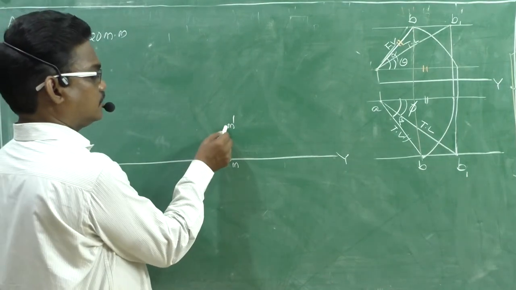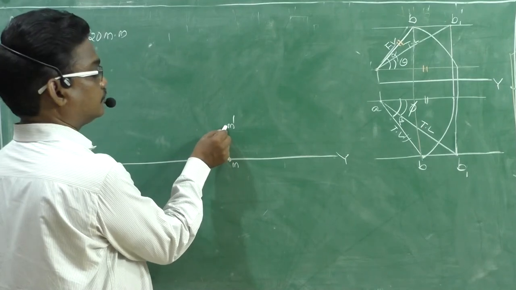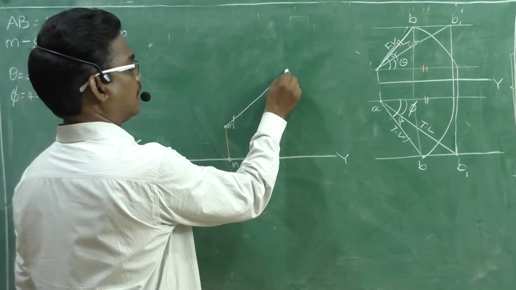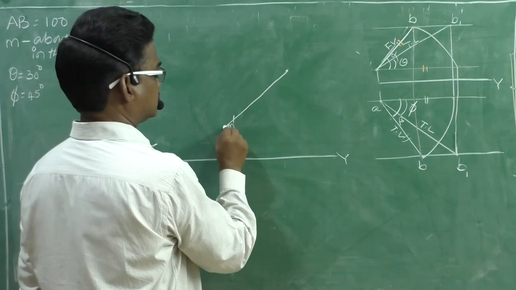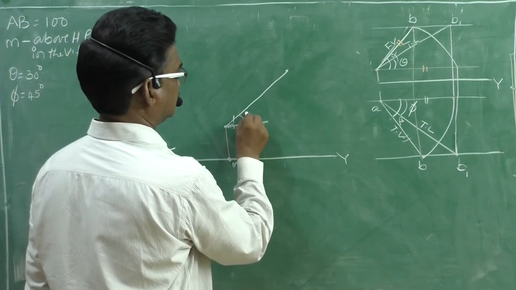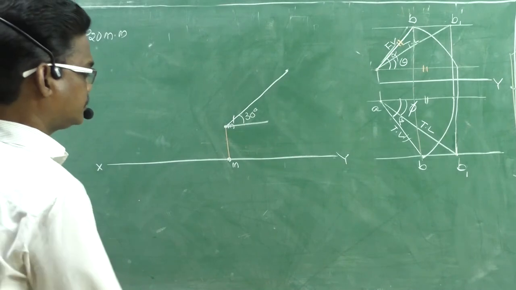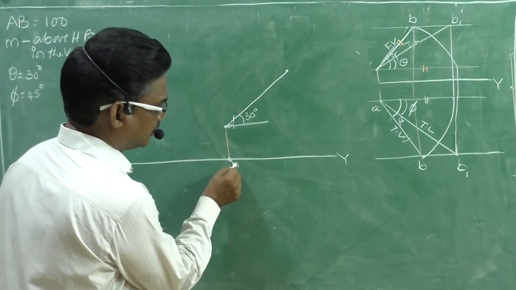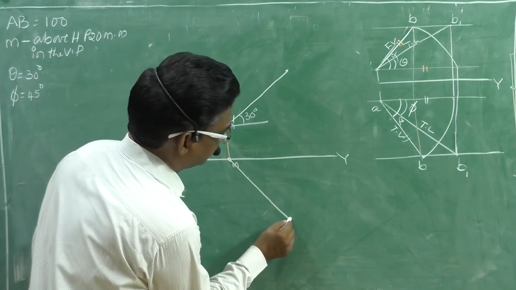With theta equal to 30 degrees, draw a line of length equal to 50 mm only, half of the line. This angle equals 30 degrees, right? Similarly, in the top view, with 45 degrees, you can draw a line of 50 mm.